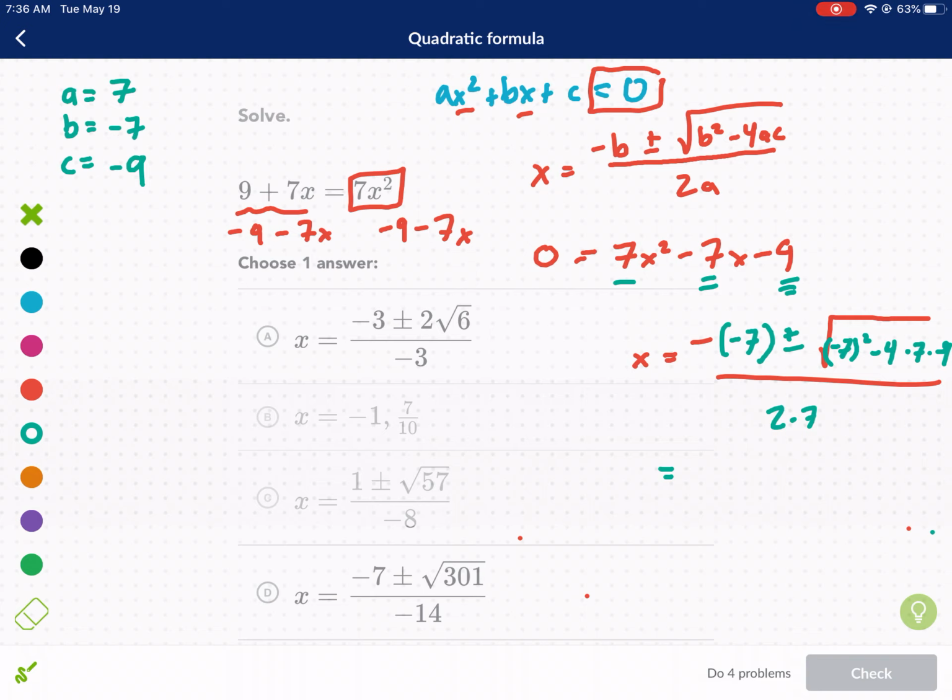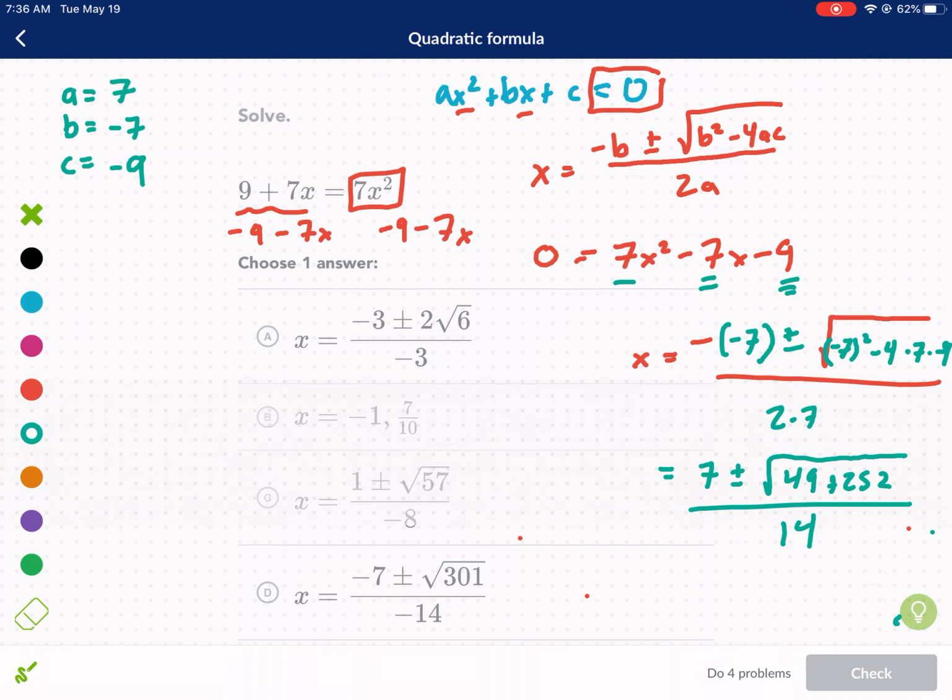We have negative 7. It gives us a positive 7 plus or minus the square root of 49. And then we have negative 4 times 7 times negative 9. So it's going to be a positive number, so we're going to be adding. So we have 9 times 7 times 4, and that gives us plus 252 all over 14.